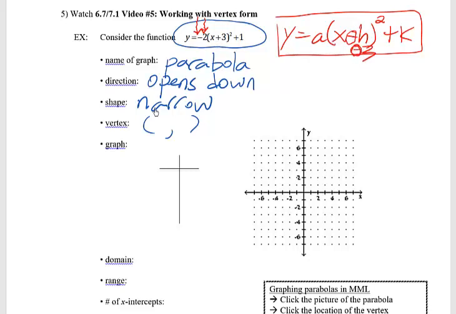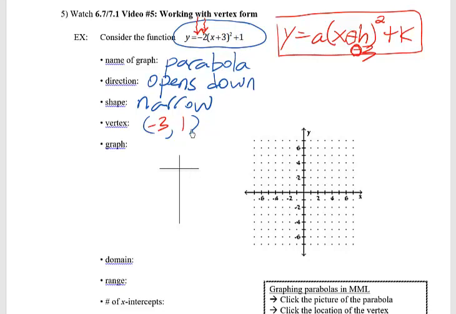What that tells me then is the h, in fact, is a negative 3. The k, just like it looks, is definitely a positive 1. What you have to remember is, because of that built-in minus sign issue, the h is essentially always the opposite of what you're looking at in here. The k is what you're looking at here at the end.